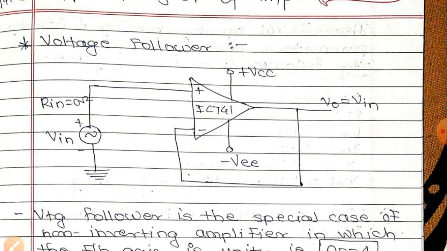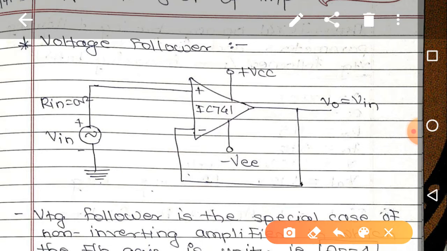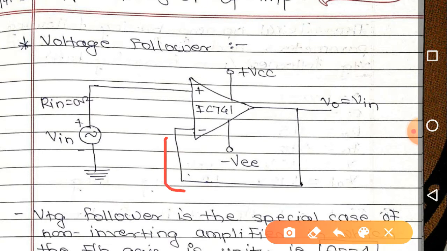AC power supply is applied at non-inverting terminal, input resistance is 0, and feedback is directly connected to the inverting terminal, means there is a connection between pin number 2 and pin number 6. Output is fed back to the input.